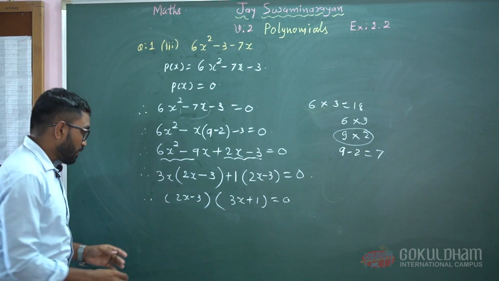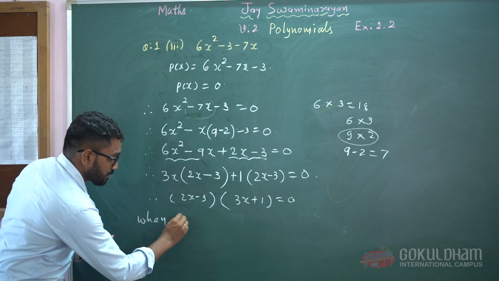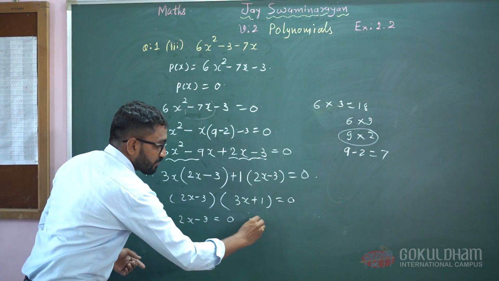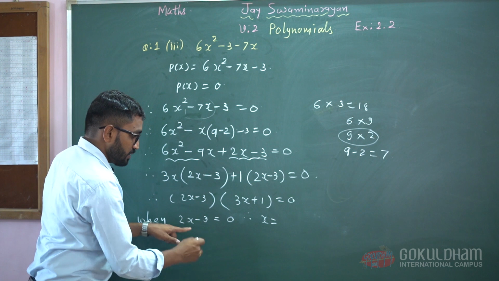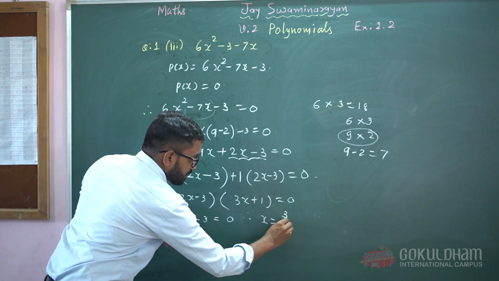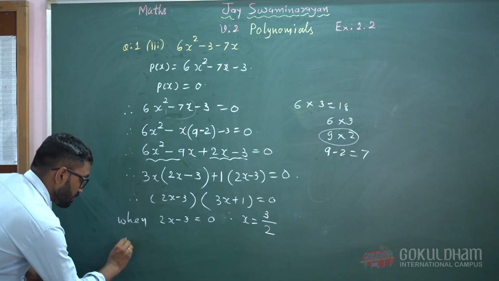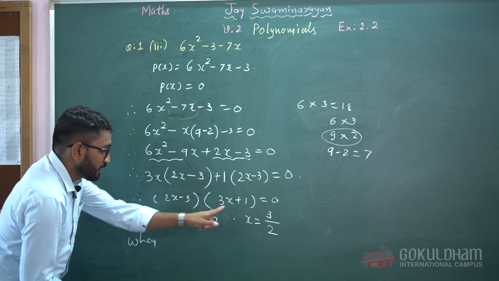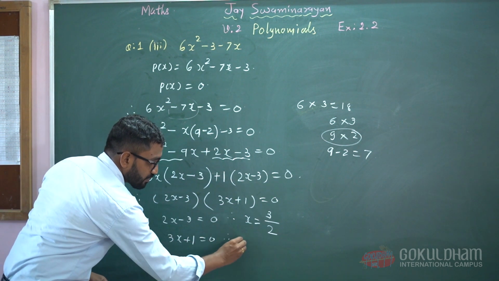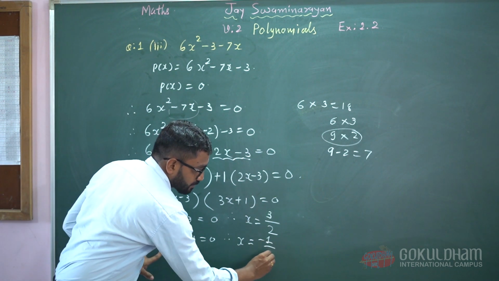Now when 2x minus 3 equals 0, the value of x equals 3 by 2, as minus 3 goes to the other side of the equal sign. Then when 3x plus 1 equals 0, the value of x equals minus 1 by 3.